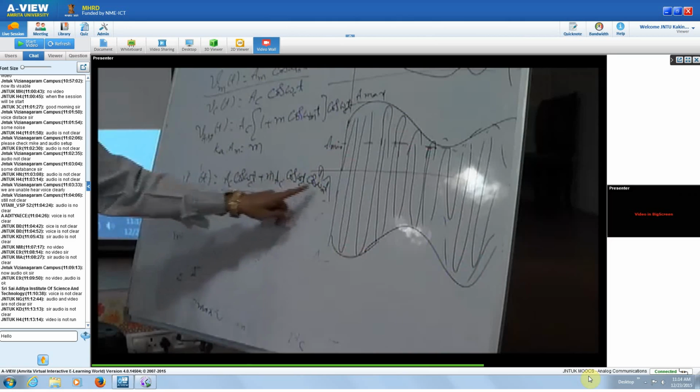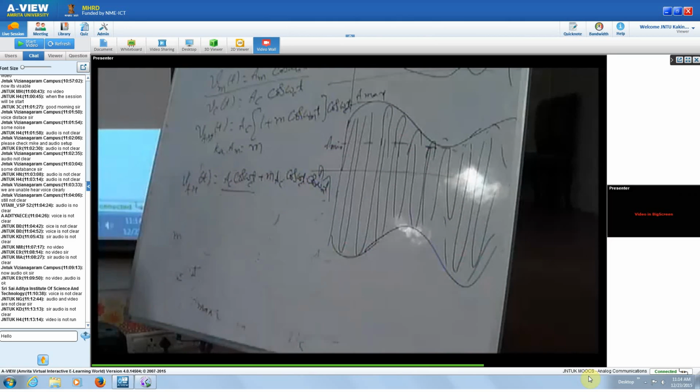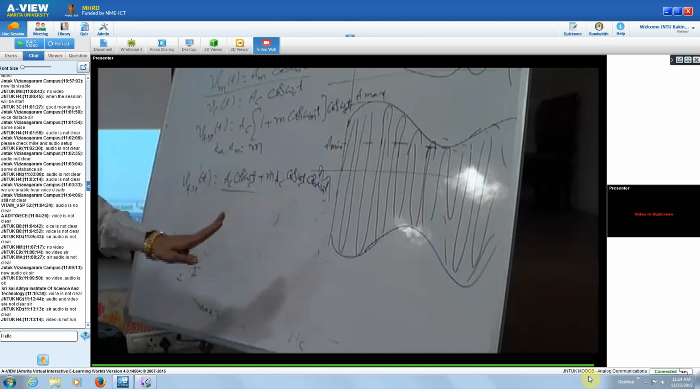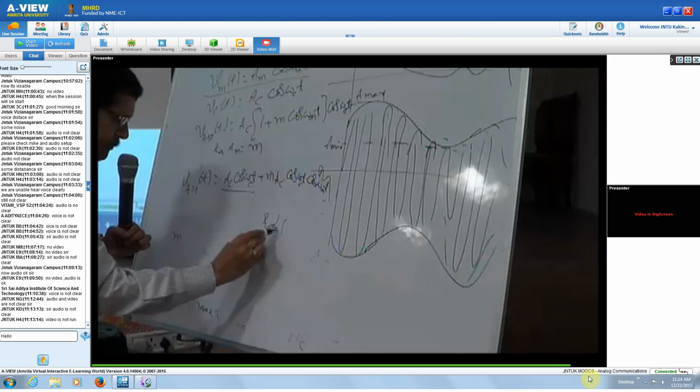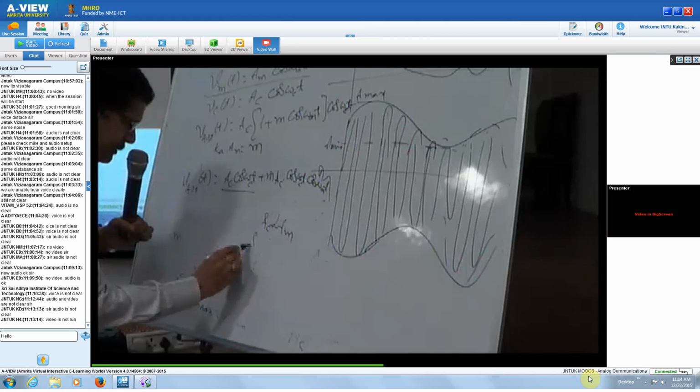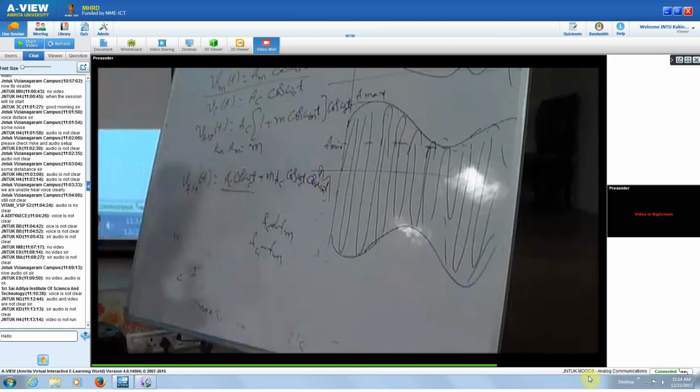The second term, cos omega_c t into cos omega_m t, is the frequency translated signal, which we call the sideband signal, because we have two frequency lines: f_c plus f_m, the upper frequency, and f_c minus f_m, the lower frequency.